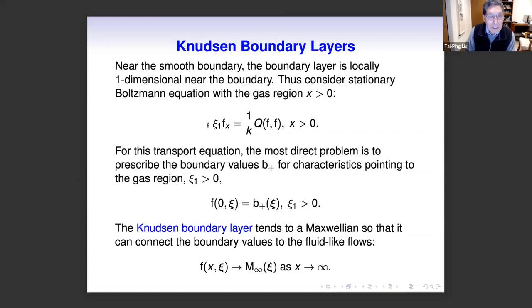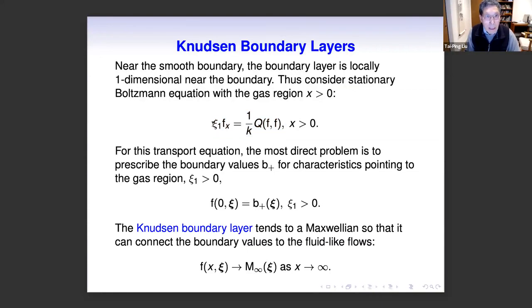So let's take the flow to be one-dimensional, and the boundary is fixed at x equals 0, and the gas region is x positive. Then the Knudsen layer will be a stationary one-dimensional solution of the Boltzmann equation.